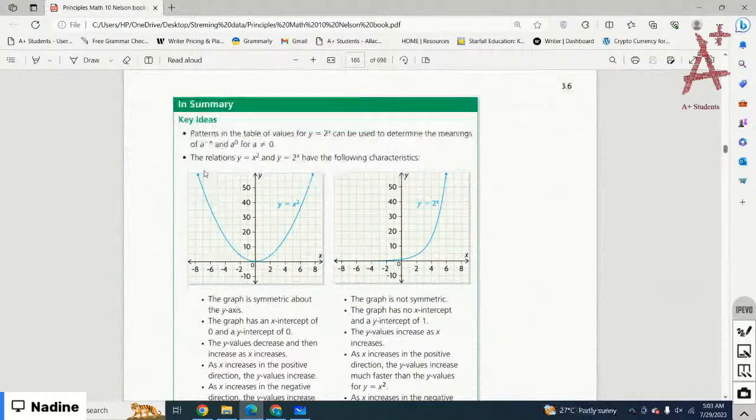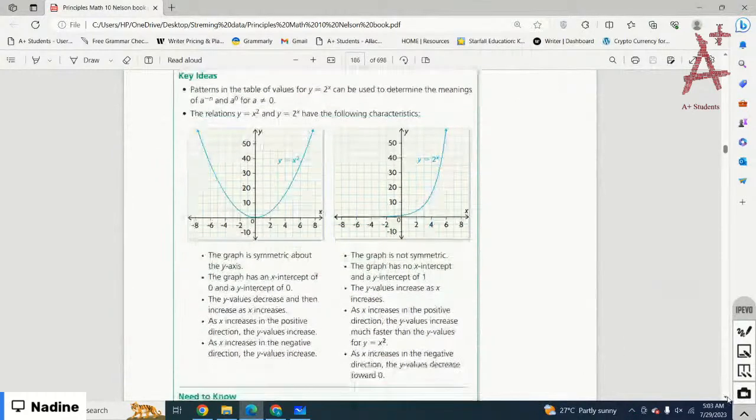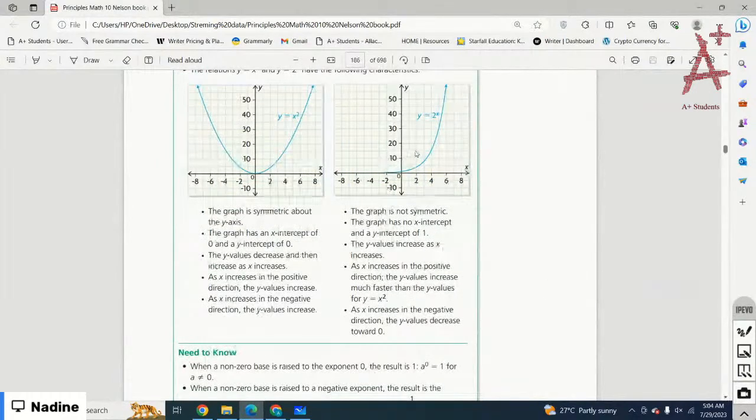The relations y equals x squared and y equals 2^x have the following characteristics. You can see y equals x squared is the graph of the quadratic and y equals 2^x is the graph of the exponential graph, right? The graph is symmetric about the y-axis.